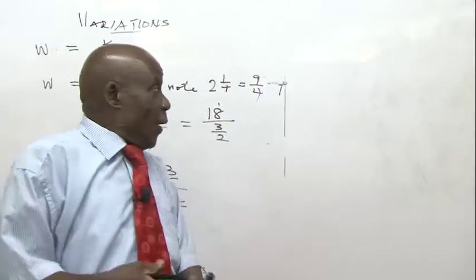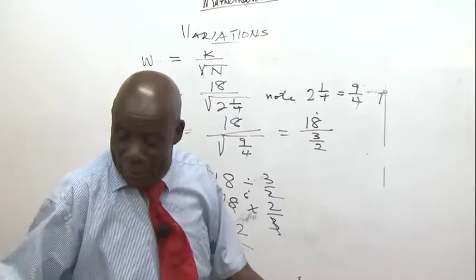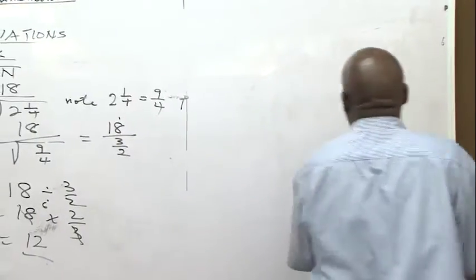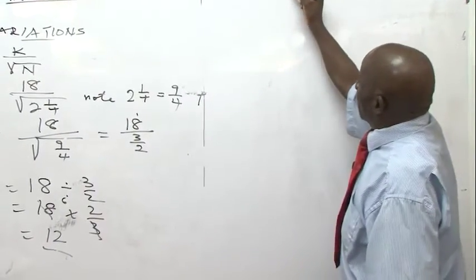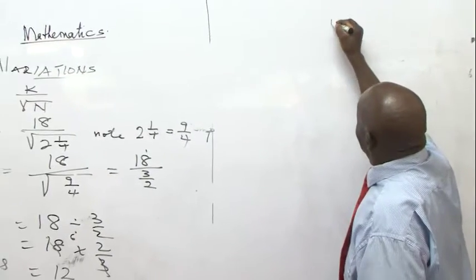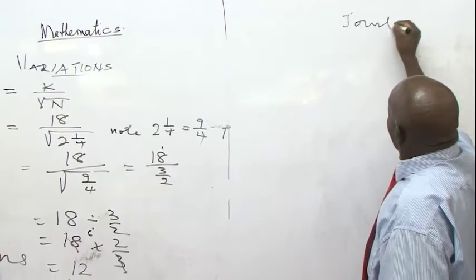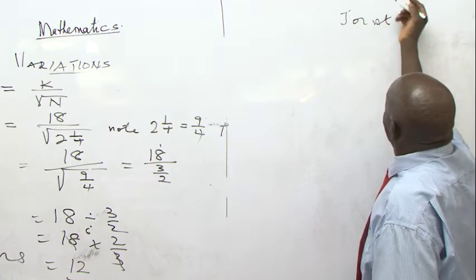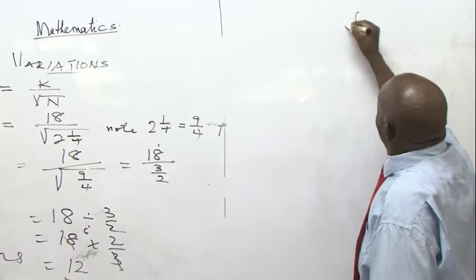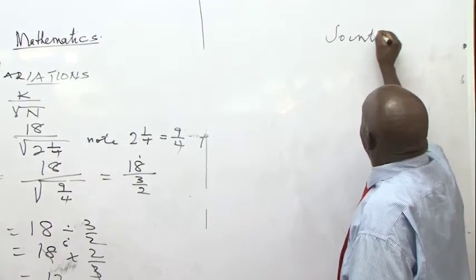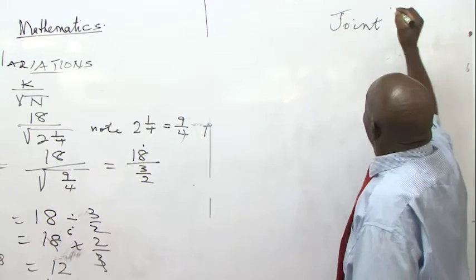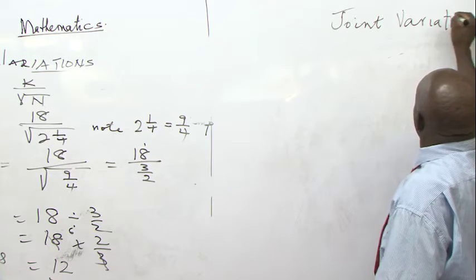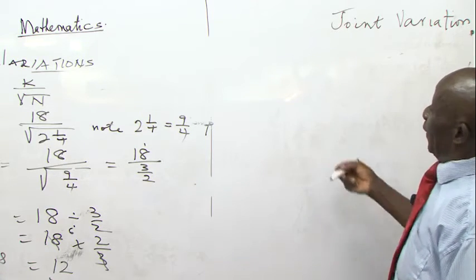Yes. So let me give you how we normally write a simple one for you. At times they will write it like the example. Joint, from the word join. Let me write it simply. Joint variation. Let me give you an example.